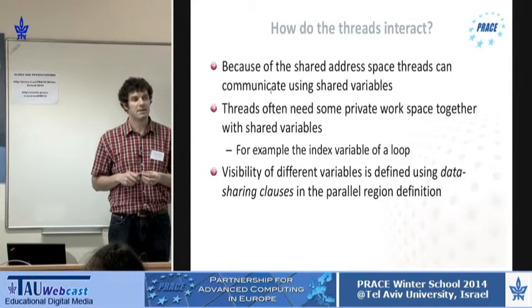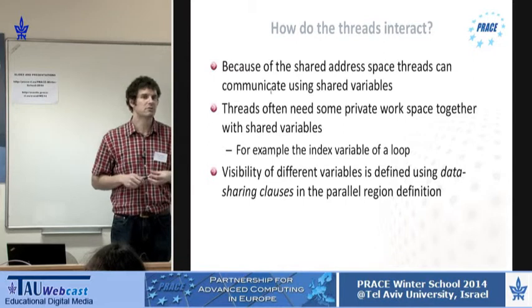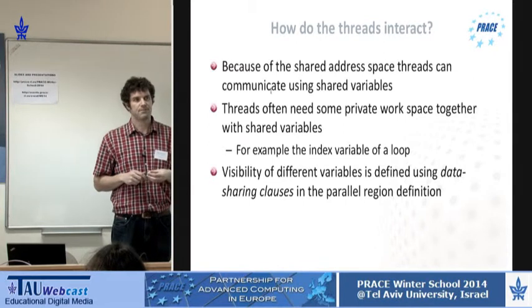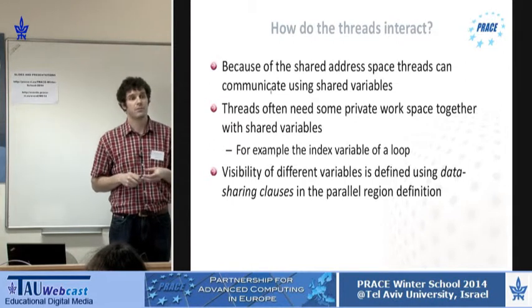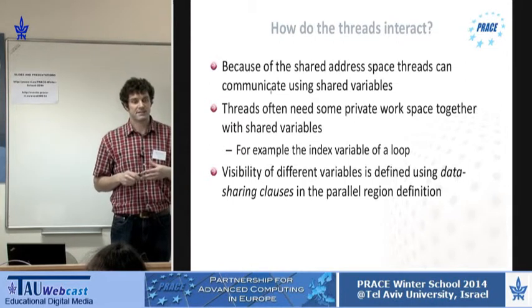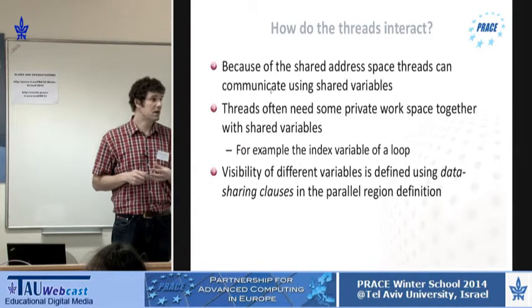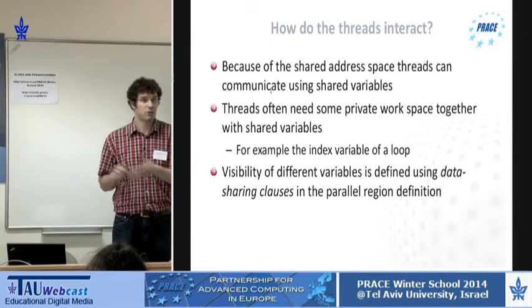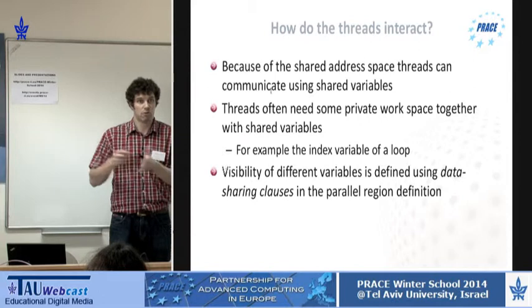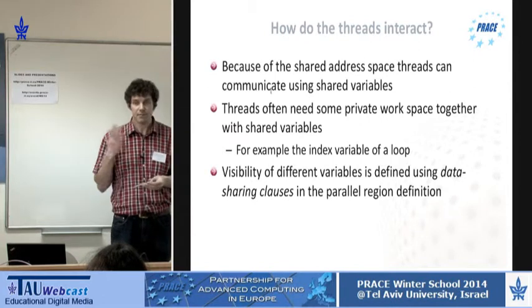Now, what might happen if we didn't take any precautions is that the first thread updates the loop index and tries to do something. The next thread goes into the loop and updates the loop index, but before it starts to do something with the loop index, it might be that a third thread will already be updating that one.